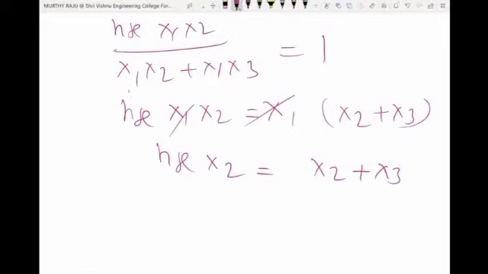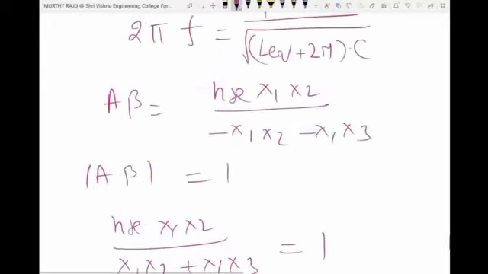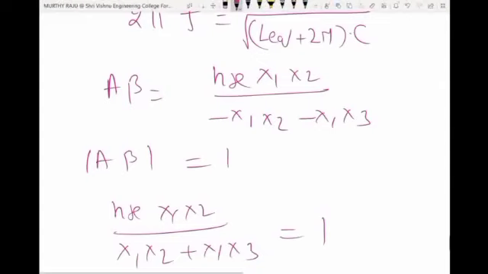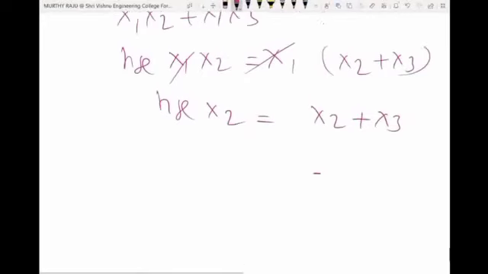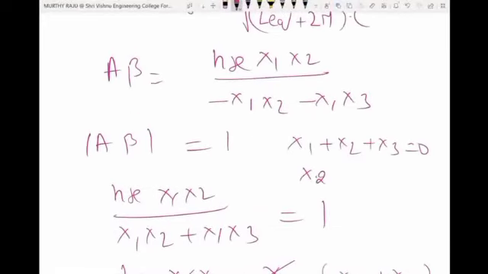Here from the expression x1 plus x2 plus x3 is equal to 0, x2 plus x3 is equal to minus x1.